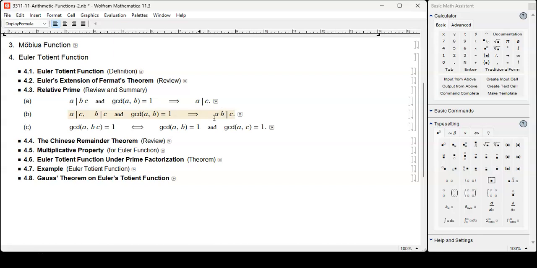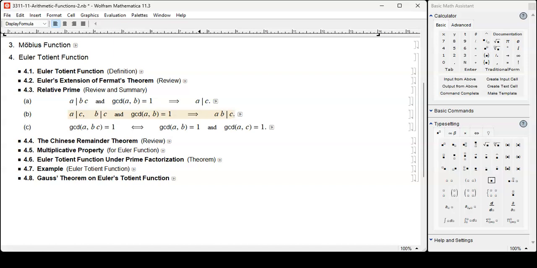So A times B does not have any kind of overlap, so no power just goes up. The prime factor part of A and the prime factor part of B are completely separate. So A divides C and B divides C means all the prime factors and all the powers for A and for B are translated over to C.